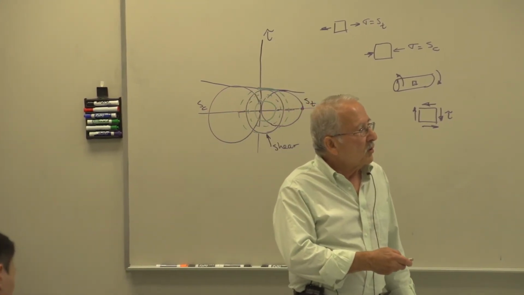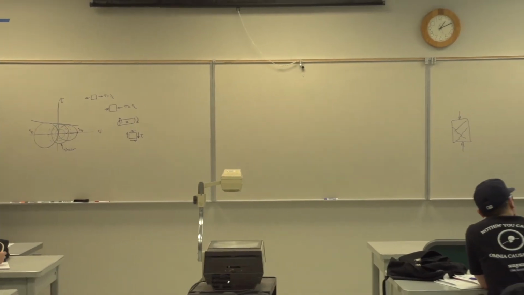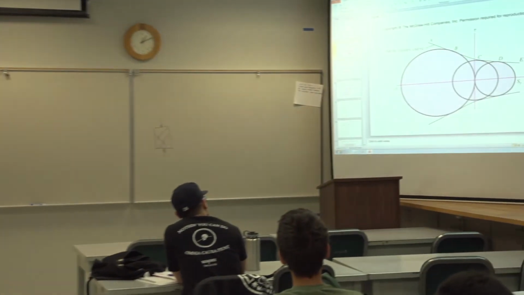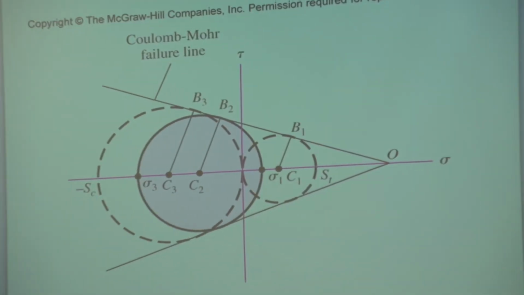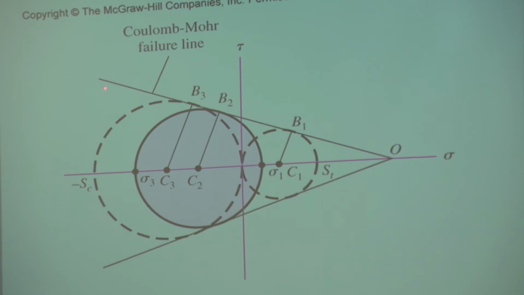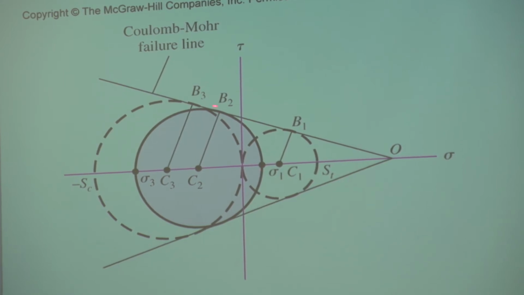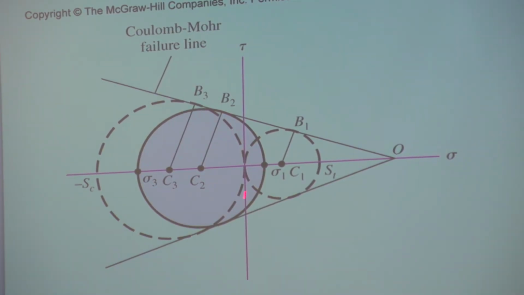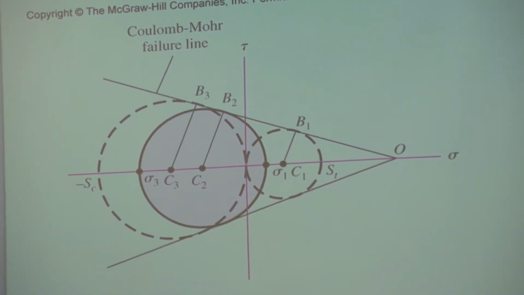So we only go with the tensile test and the compressive test. And we get this. This is now your failure line: tensile test, compressive test, our Mohr circle, which is now just about to produce failure. It's tangent to those lines.